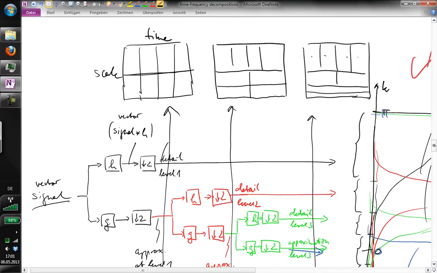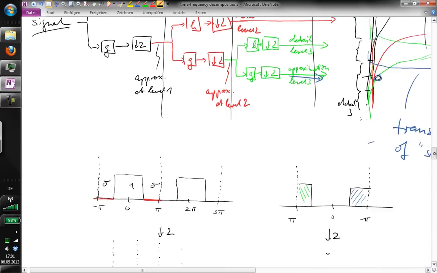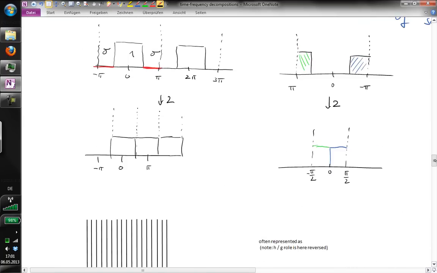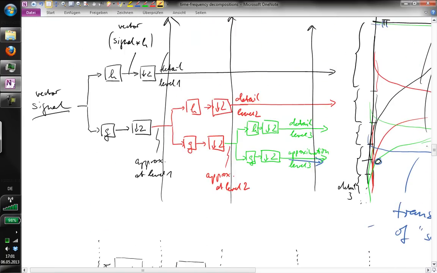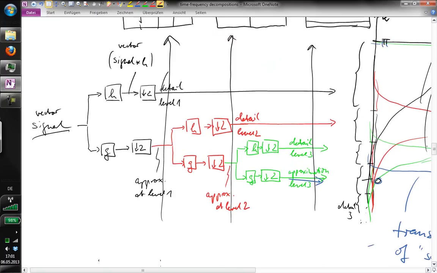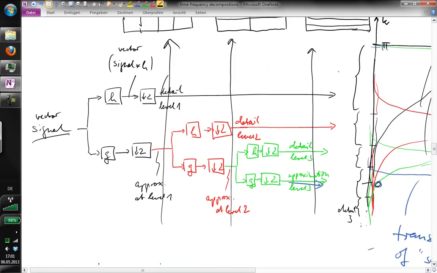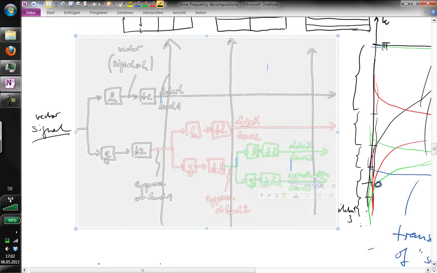Okay, so I've only talked about the forward transform. Now for the backward transform, I need to do the opposite of all of this. So, take this thing here, mirror it on the right-hand side, replace downsampling by upsampling, and you have your inverse discrete wavelet transform.